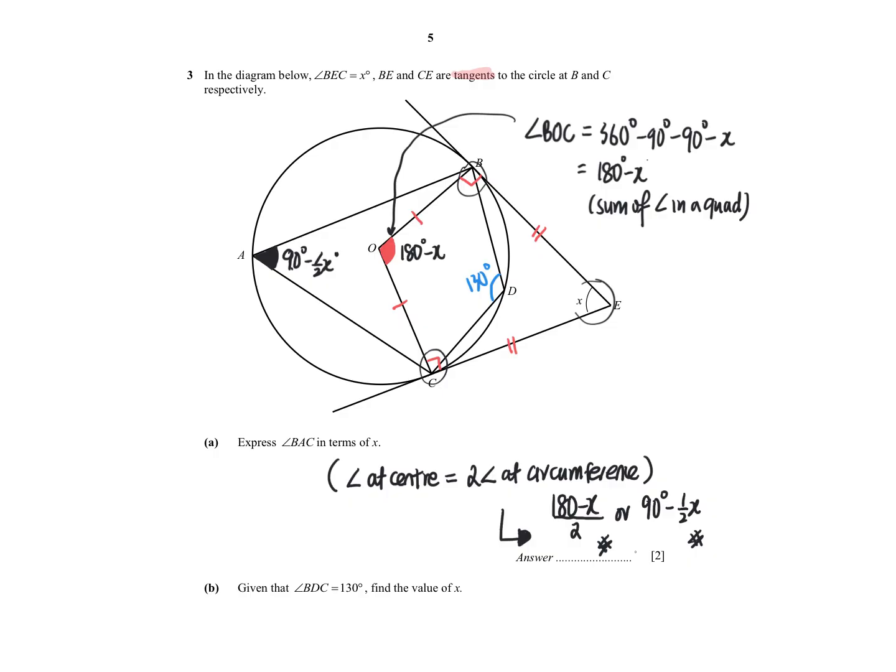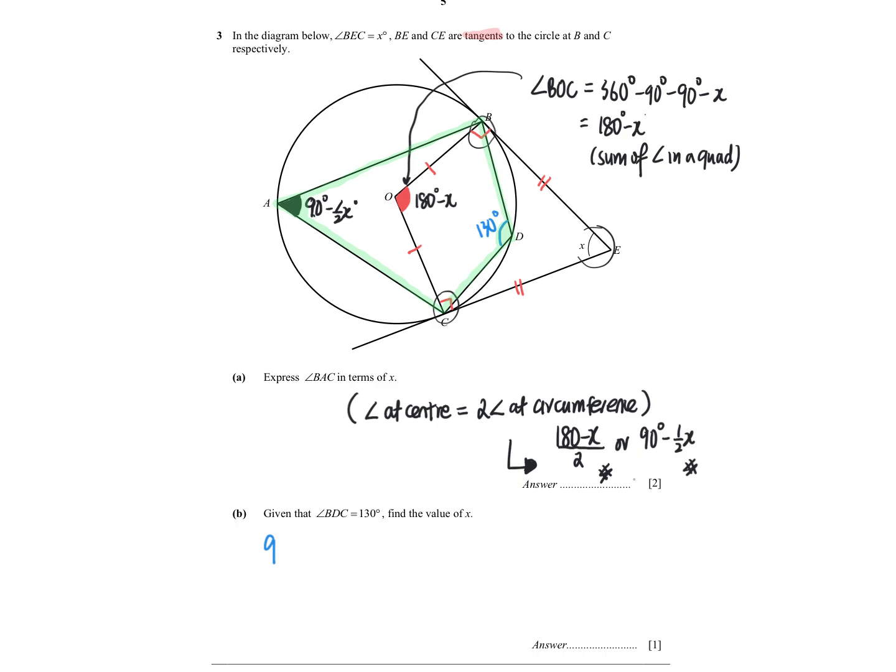So remember, if you have a quadrilateral, a four-sided figure in the circle with 4 points touching the circumference, the two opposite angles always add up to 180. So you can make use of this 90 minus half x.